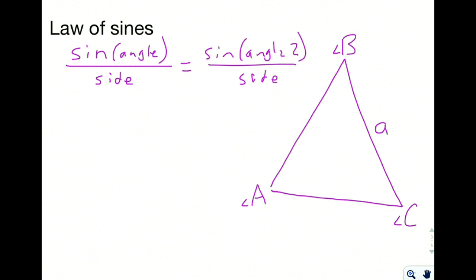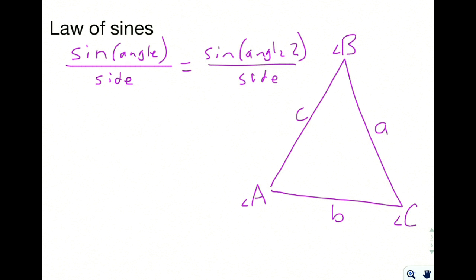So this is side A because it's across from angle A. Then side B is across from angle B, C is across from C. Now it doesn't matter which one is which. Any ABC pairs work out as long as they are across from each other. The C is across from the C, the B is across from the B, and so forth.